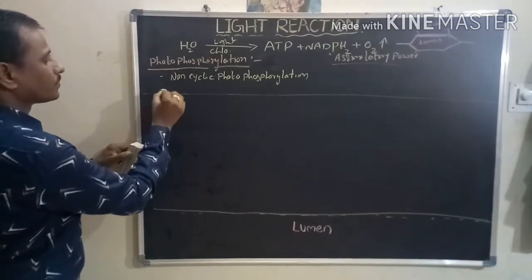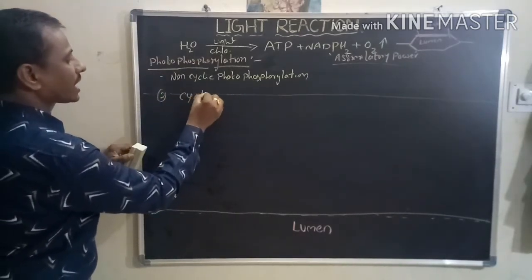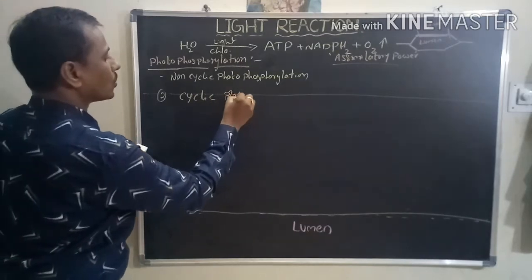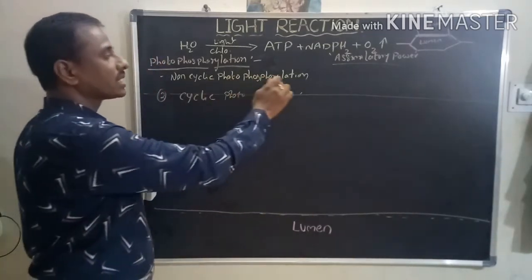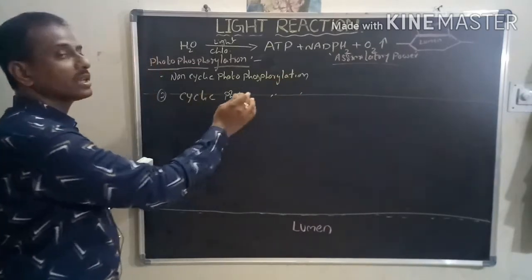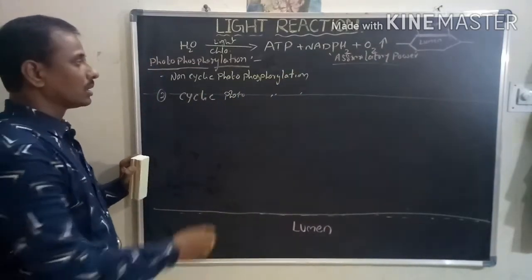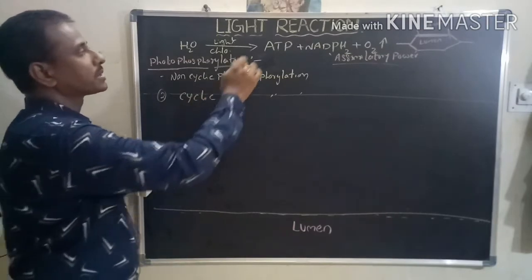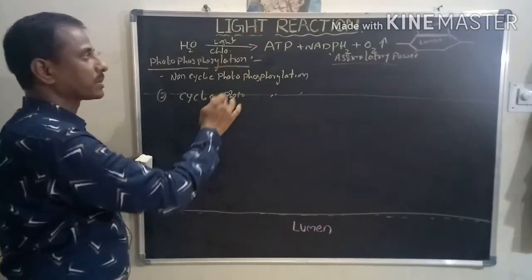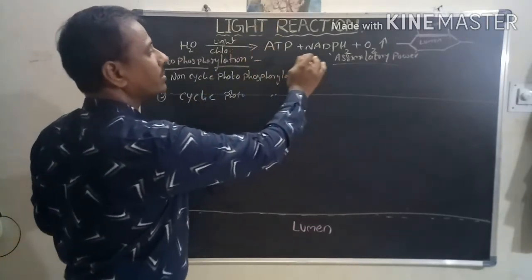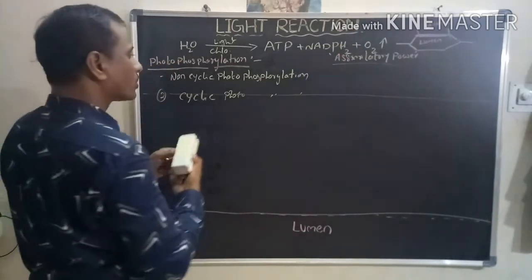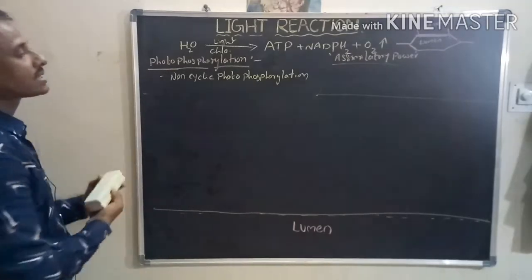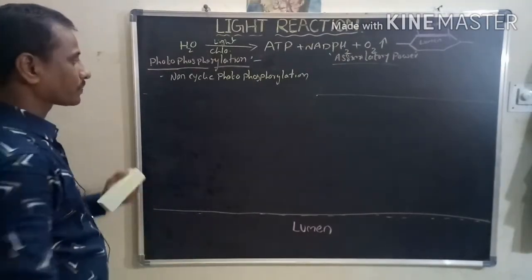Second one is cyclic photophosphorylation. Non-cyclic photophosphorylation and cyclic photophosphorylation. Both take place in light reaction. They give ATP and NADPH2, which are called assimilatory power. First we discuss the non-cyclic photophosphorylation.